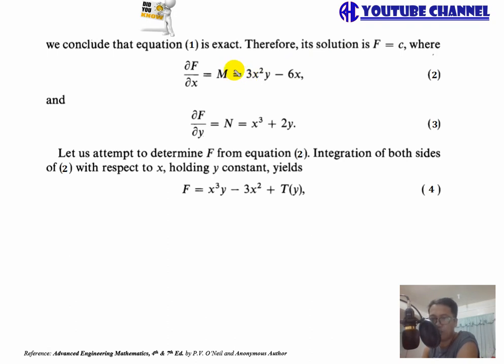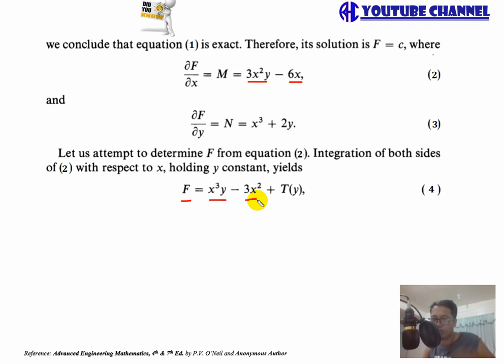So the next step, kailangan natin i-integrate with respect to x. Pag i-integrate natin yan, ito magiging resulta. So f equals ang 3x squared y, magiging x cubed y, then yung 6x natin magiging 3x squared.